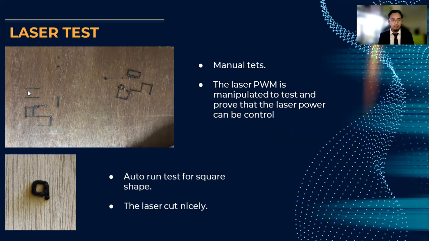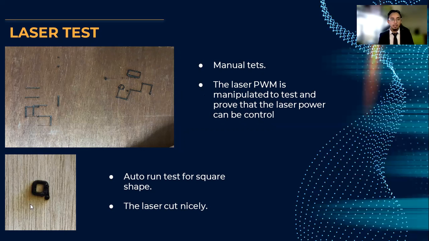For the light color one, the percentage of the power supplied is low, which is the power that I control by PWM, and it is working. So this is proof that PWM can control the laser power for cutting, plotting, or engraving. So the power is something we can control.